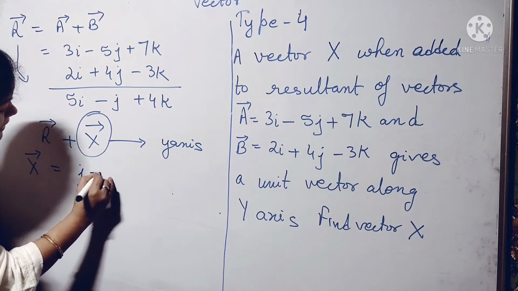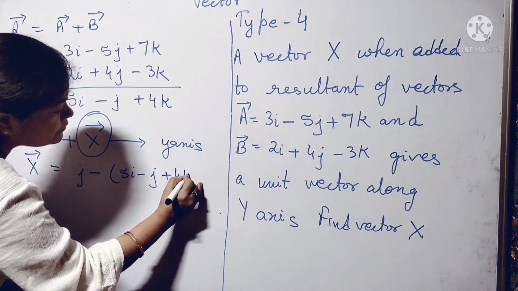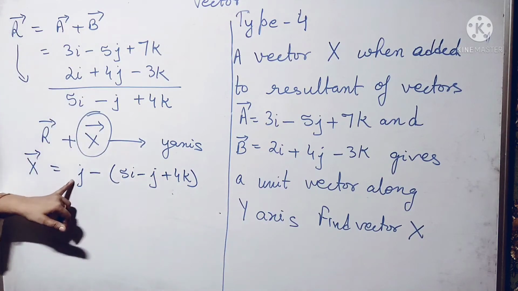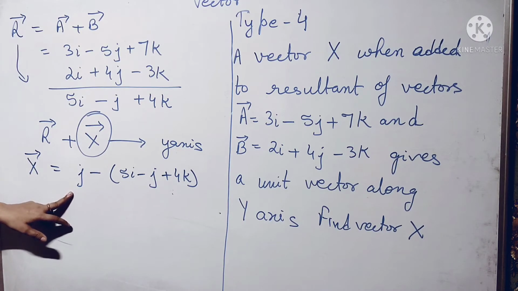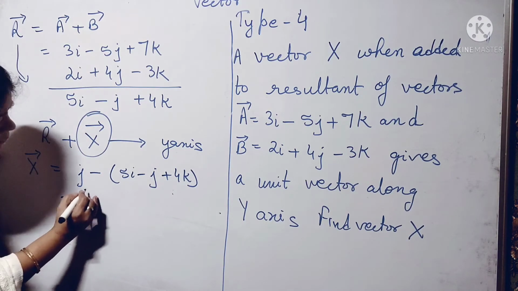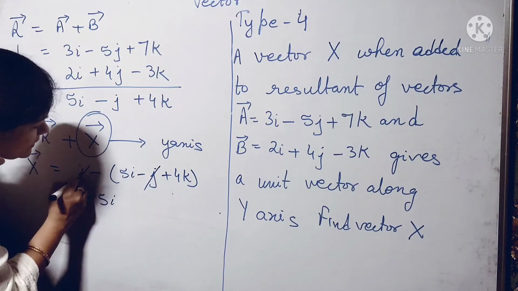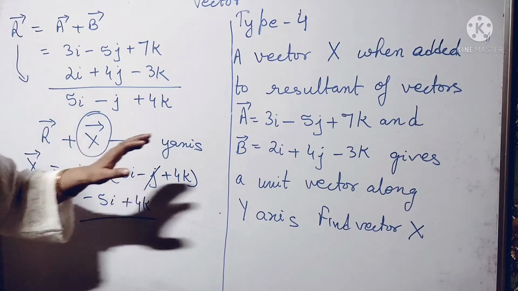j minus 5i minus j plus 4k, because its value is not given. Y axis only, so we take only one j. Y axis के लिए j हो गया, z axis के लिए k हो गया. तो आप ये सॉल्व करोगे तो minus 5i, j and j get cancelled, plus 4k.